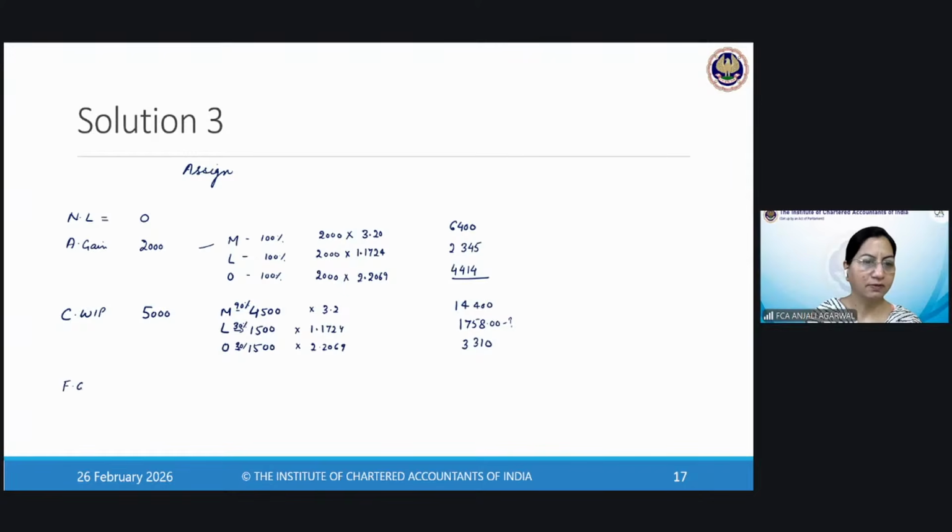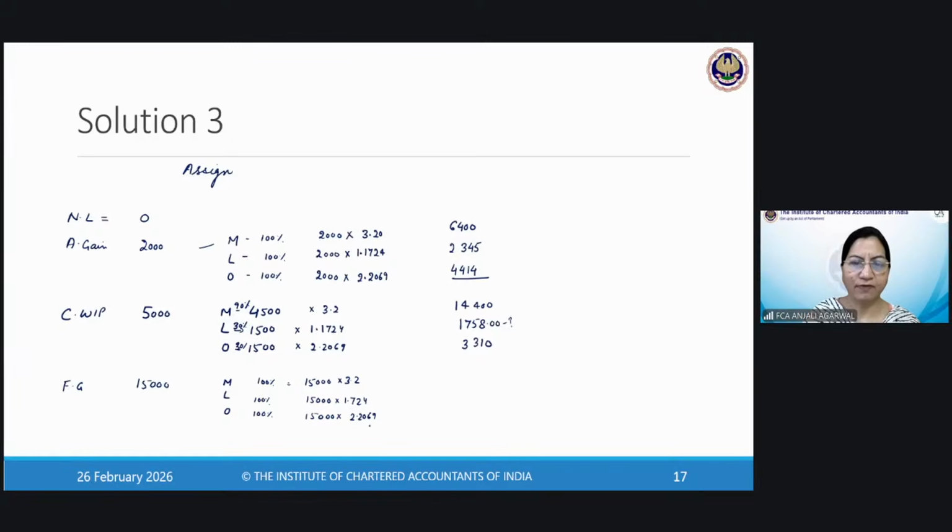Finished goods were 15,000. As they were 100% complete as far as material, labor, and overheads is concerned. And the cost of material, labor, overheads is, so it becomes 15,000 into 3.2, 15,000 into 1.1724, and 15,000 into 2.2069.